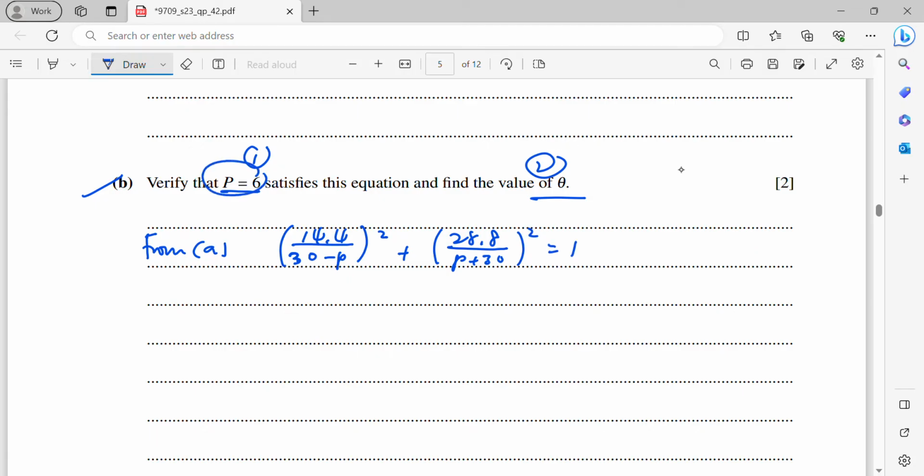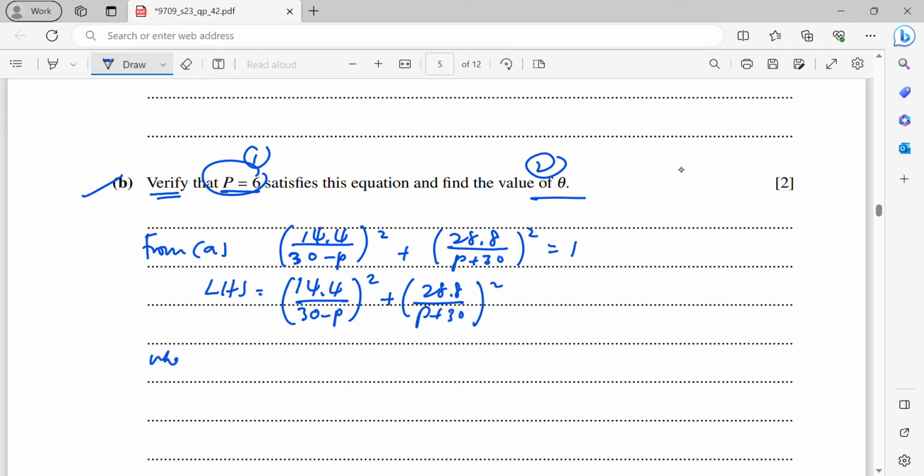So to verify, I need to prove left and right side. I will start with the left hand side. It will be 14.4 over 30 minus P, squared, plus 28.8 over P plus 30, squared.